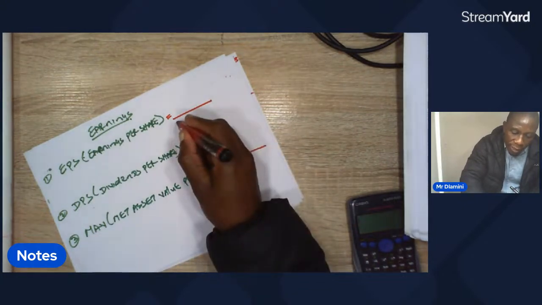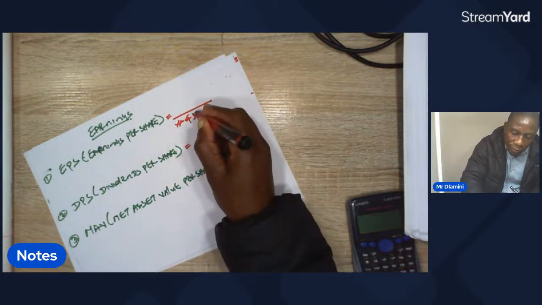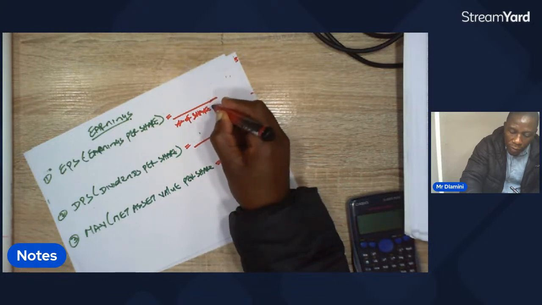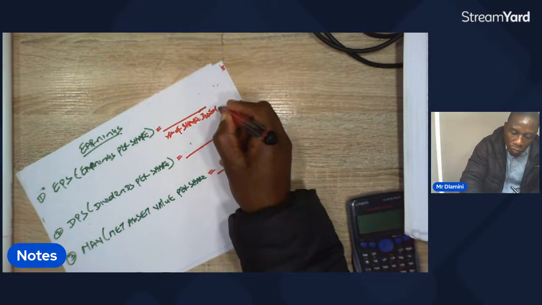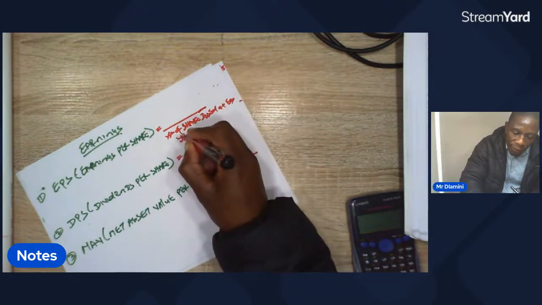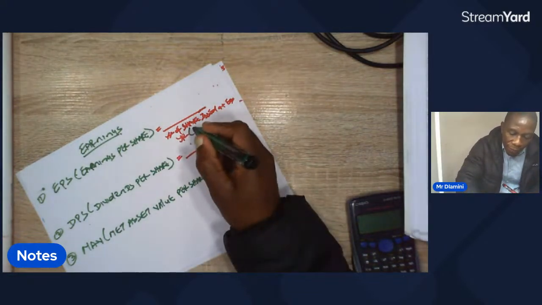Where are we going to get this? The number of shares issued at the end of the year.